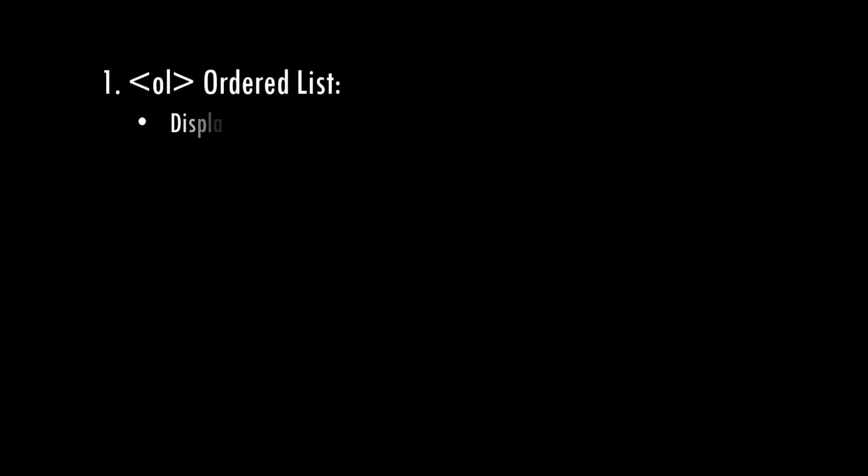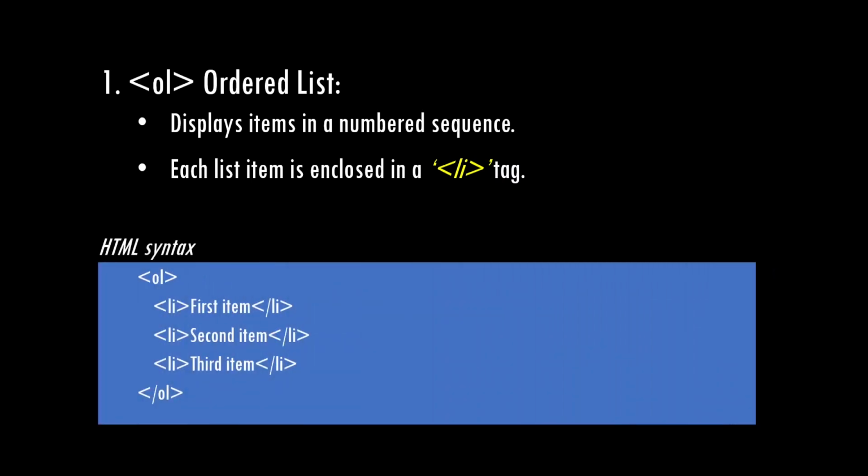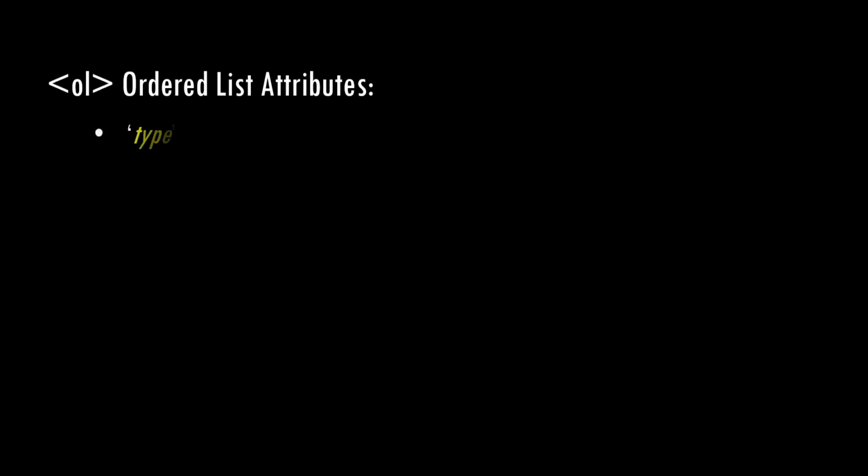Ordered list displays items in a numbered sequence. Each list item is enclosed in a li tag. Here is the syntax. Ordered list attributes: type.